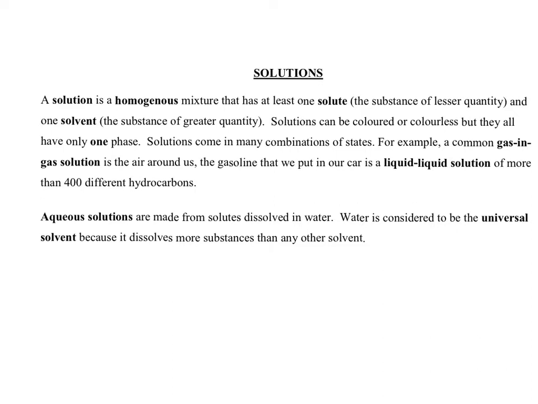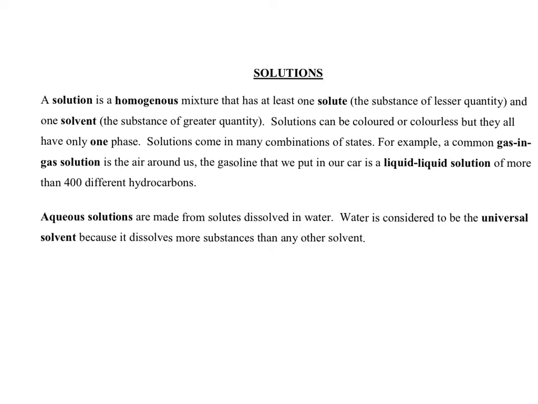Solutions can be colored or colorless, but they all have only one phase. That's that uniform appearance. Solutions come in many combinations of state. For example, a common gas in gas solution is the air around us. The biggest component of air is nitrogen gas. So basically, nitrogen gas would be considered the solvent.